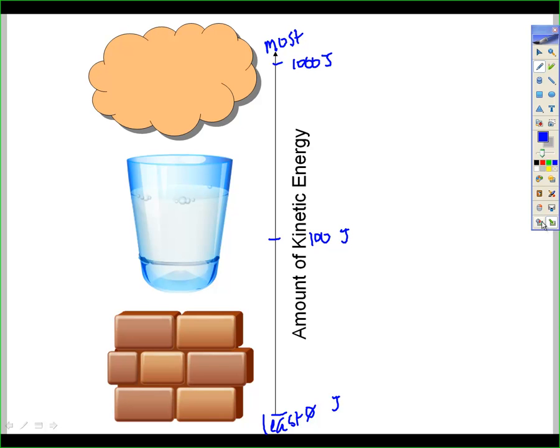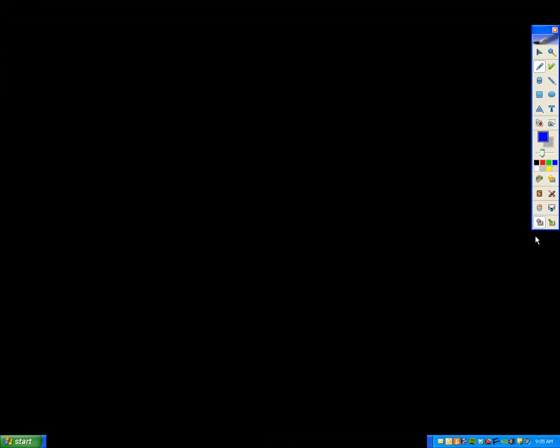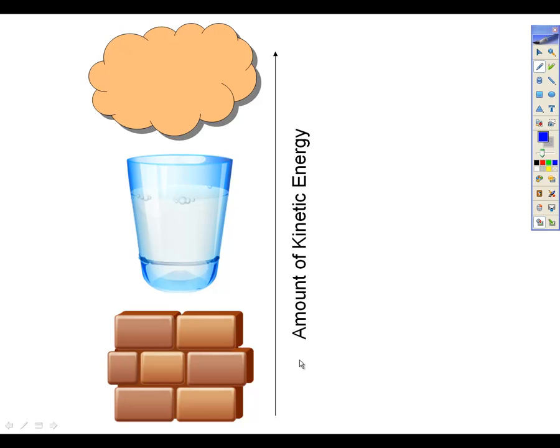If I was doing a phase change that went from a gas to a liquid, that's called condensation, regardless of what it is. It could be water, it could be carbon dioxide, it could be anything you want. If it goes from a gas to a liquid, it's called condensation.